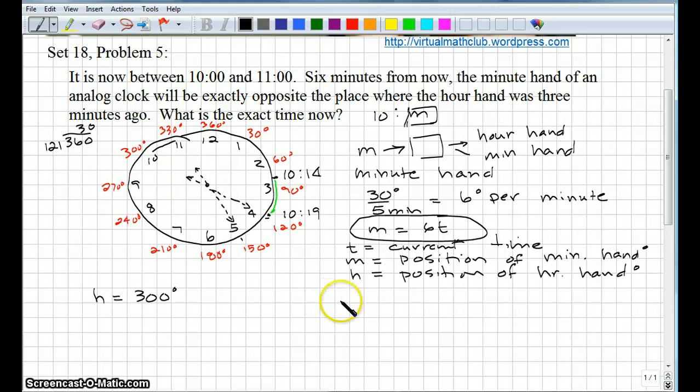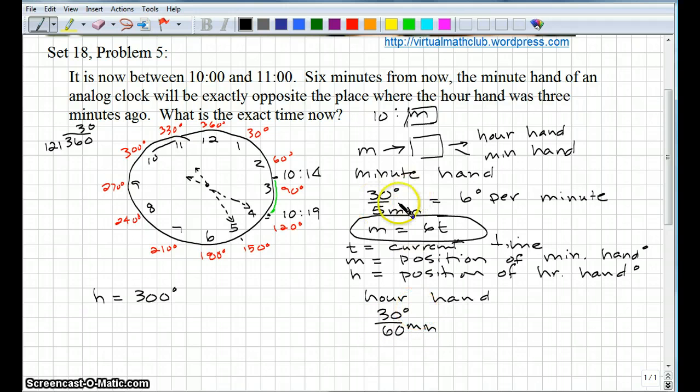Okay, so how much closer? Well, we know that in an hour the hour hand moves 30 degrees. So I should write this as the hour hand, just to keep this all straight, because this is a problem that requires a lot of straight thinking. So the hour hand moves 30 degrees in an hour, right? So that's 60 minutes.